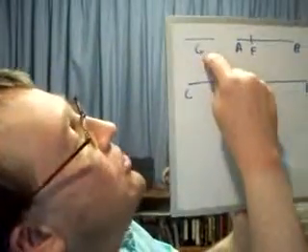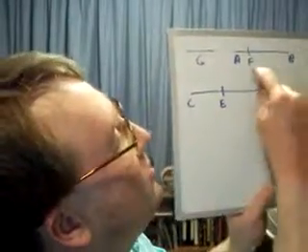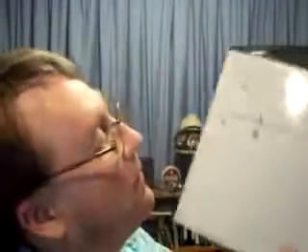Therefore, G will also measure the remainder CE. But CE measures FB. So this measures this. Therefore, G will also measure FB.